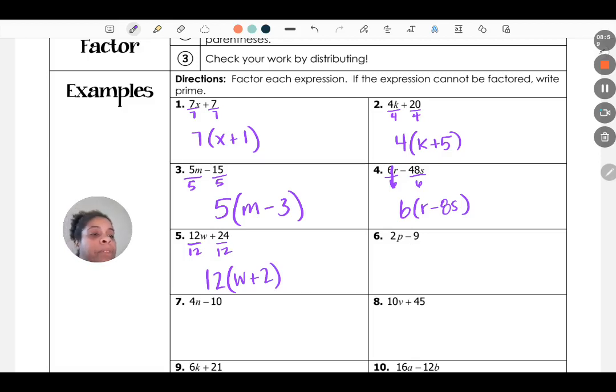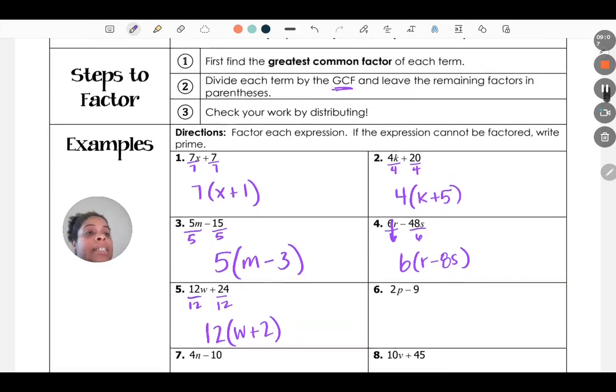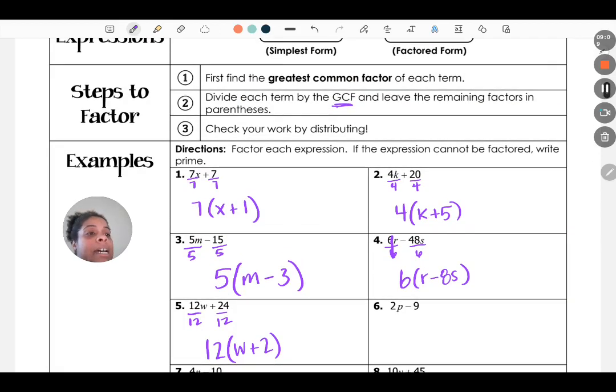Number 6, we have 2p minus 9. I remember what it said in the directions. Find the term by the GCF, greatest common factor, and leave the remaining factors in parentheses. Oh, it says here, if the expression cannot be factored, write prime.